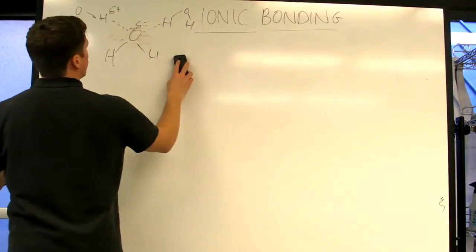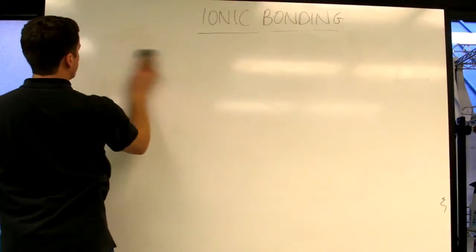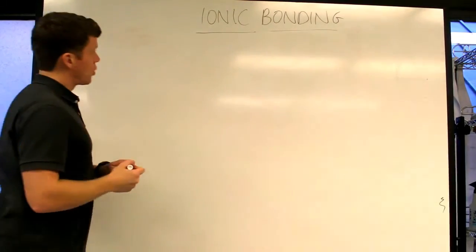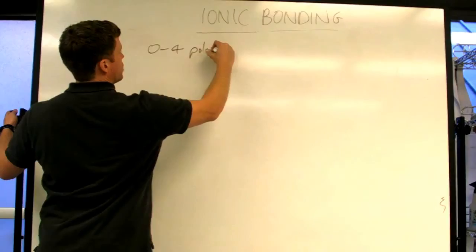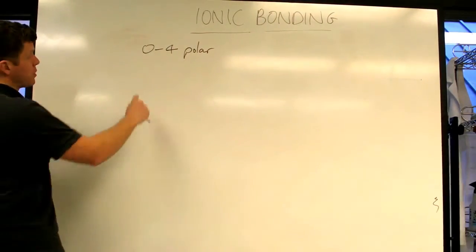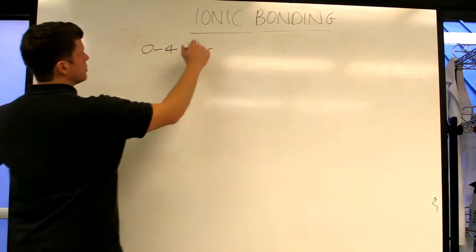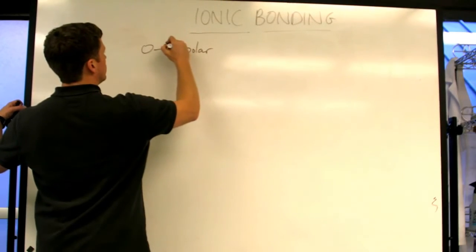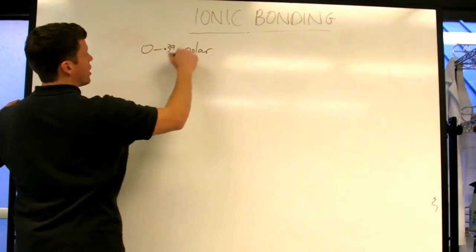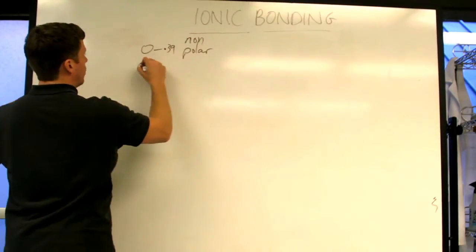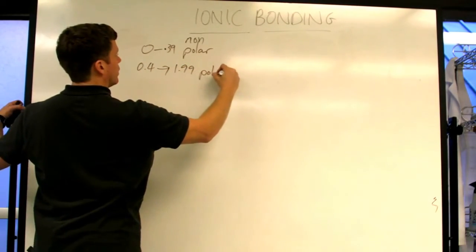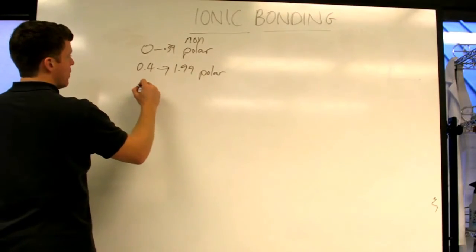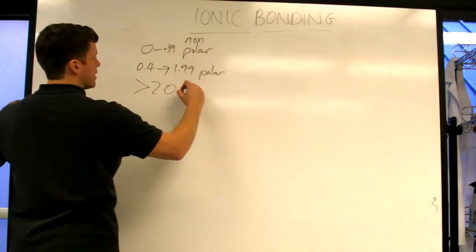So I'm going to get rid of this. Okay. So the scale for polarity, when you subtract electronegativity values: 0 to 0.3 is non-polar, 0.4 is polar, still covalent at that point, and if it's over 2.0, it's ionic.